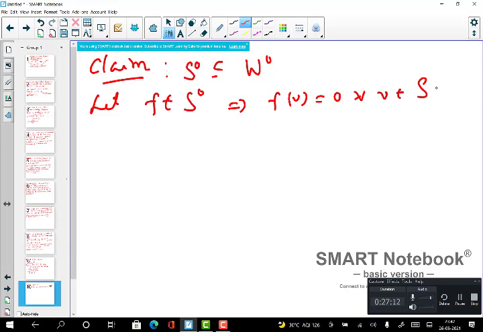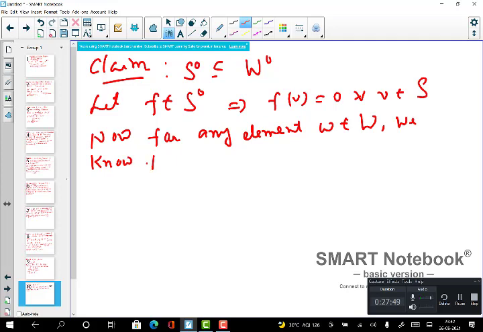Now since every element of S goes to 0, it also sends every element of W to 0. Why? Because W is the space spanned by S. That means for any element w belonging to W, what do we know?